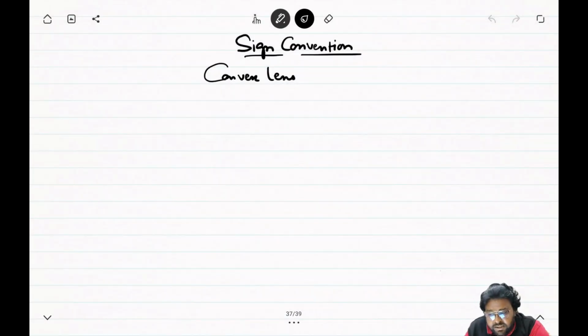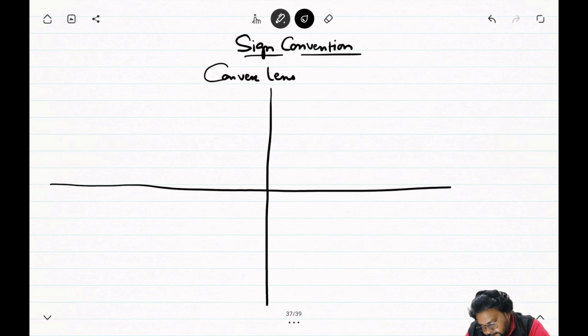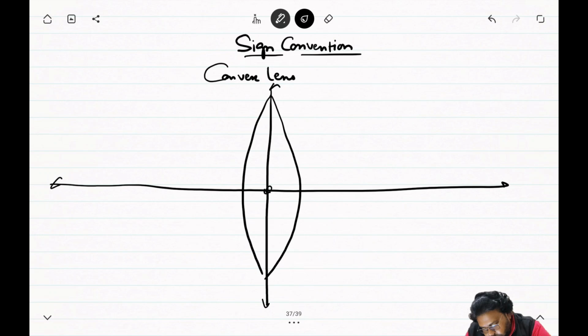Again, now we are getting to the sign convention of lenses. All the distances are measured from the center, from the optical center. We are keeping the same Cartesian plane. U is always negative.